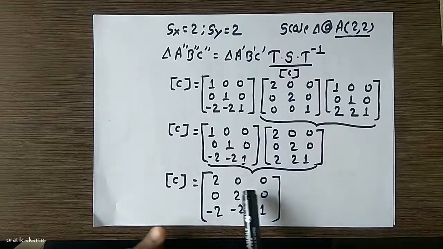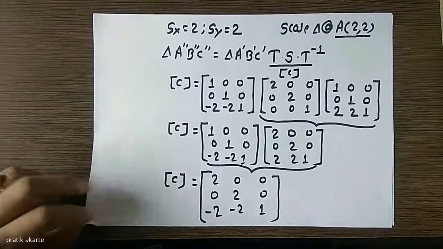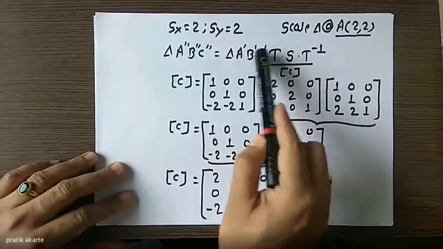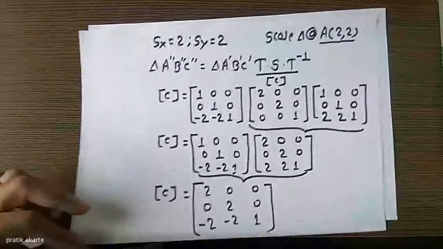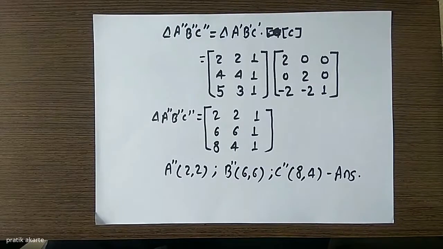After multiplication, we get the composite transformation matrix like this. And when we multiply this composite transformation matrix with the coordinates A dash, B dash, C dash, like we have done over here, we'll get the new coordinates as A double dash, B double dash, and C double dash. So these are the new coordinates after scaling.